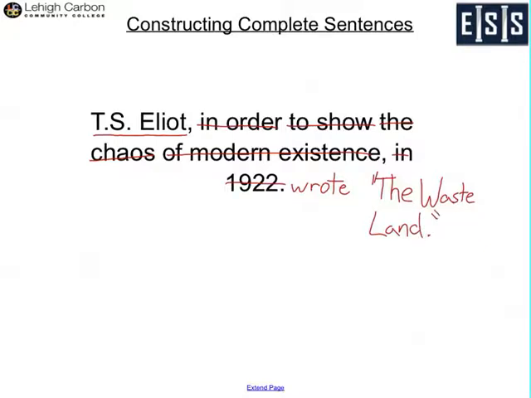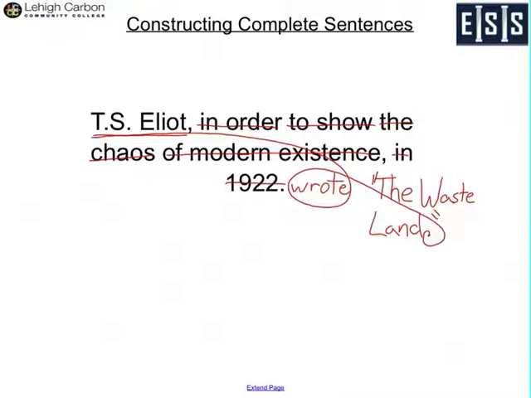And our period at the end. And remember, The Wasteland is our non-essential piece of information that we're adding in to make the sentence a little clearer, but now we have our subject, T.S. Eliot, our action, wrote, and at the very end, a period to close the sentence off.